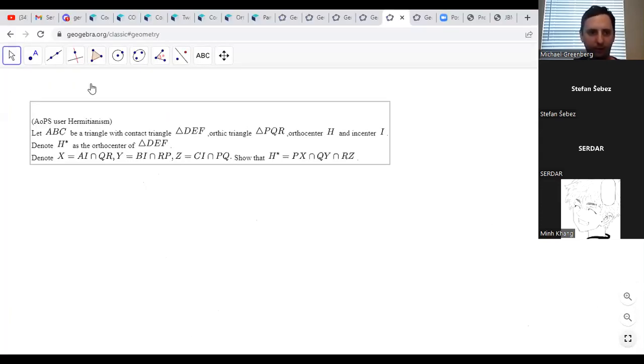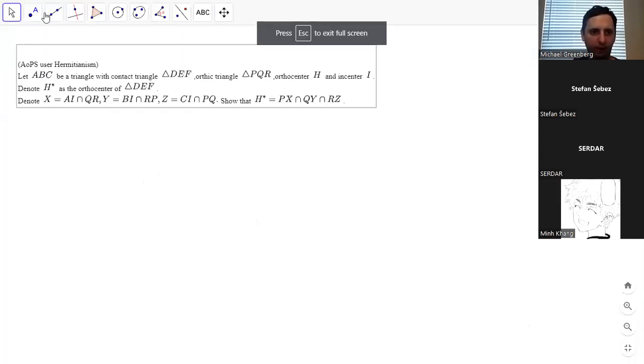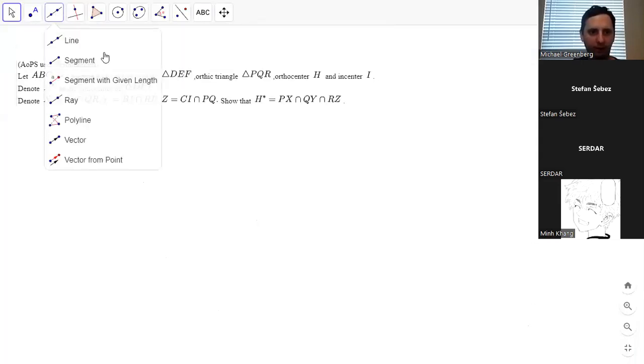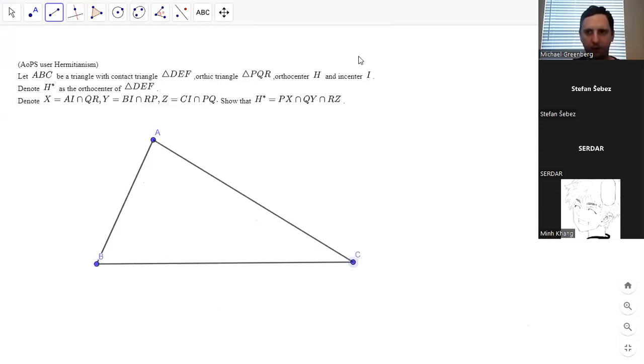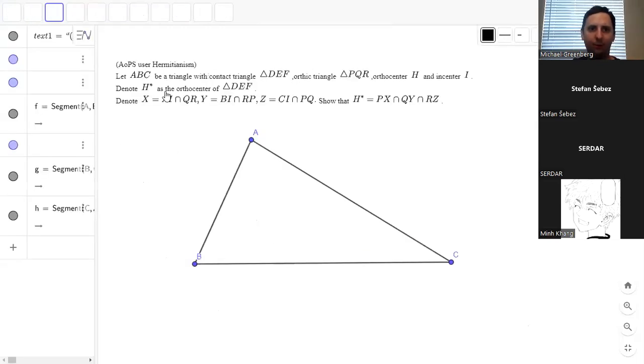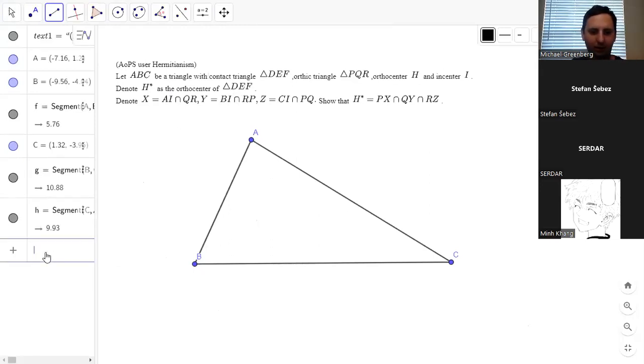Let's see. So we have a triangle ABC, and because this has both the incircle and the orthocenter, whenever you have the orthocenter of the contact triangle, I feel like it's a hard problem.